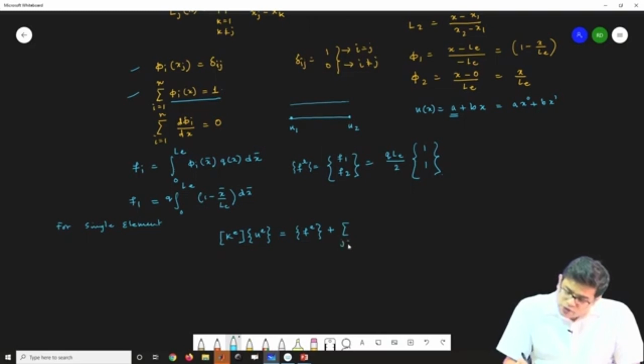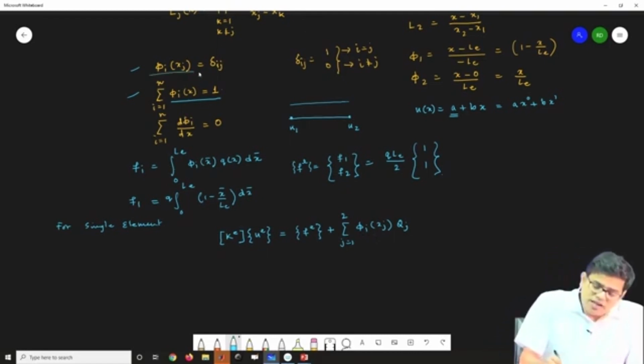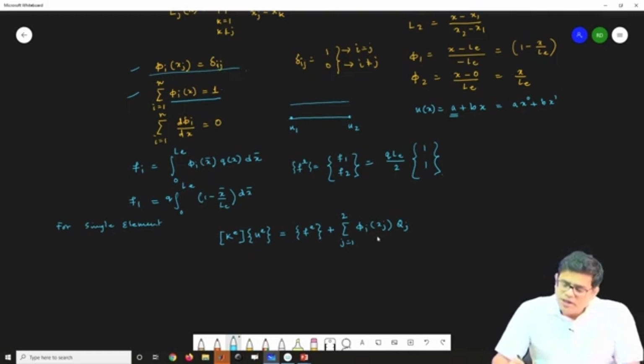So, j equals 1 to 2, phi I of xj qj. Now if you look at this term, because of the interpolation property, this first interpolation property, this becomes 1 at x1.